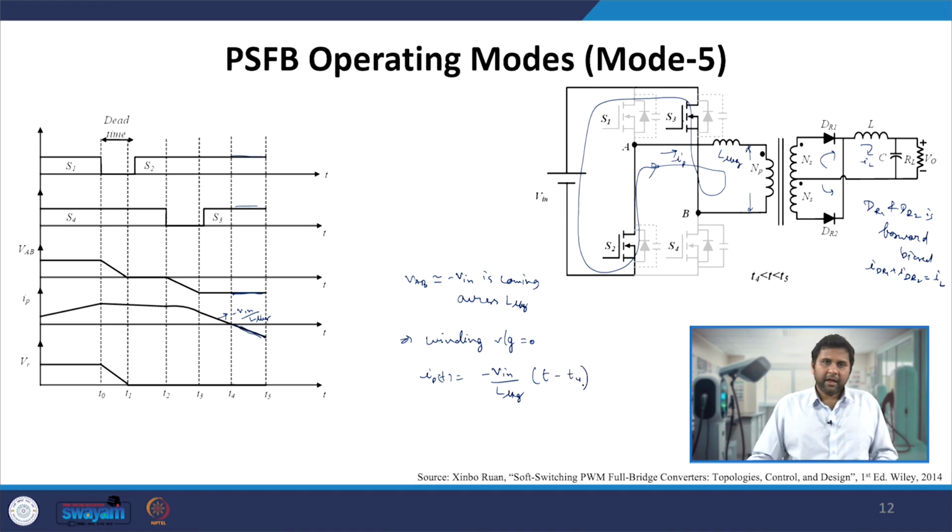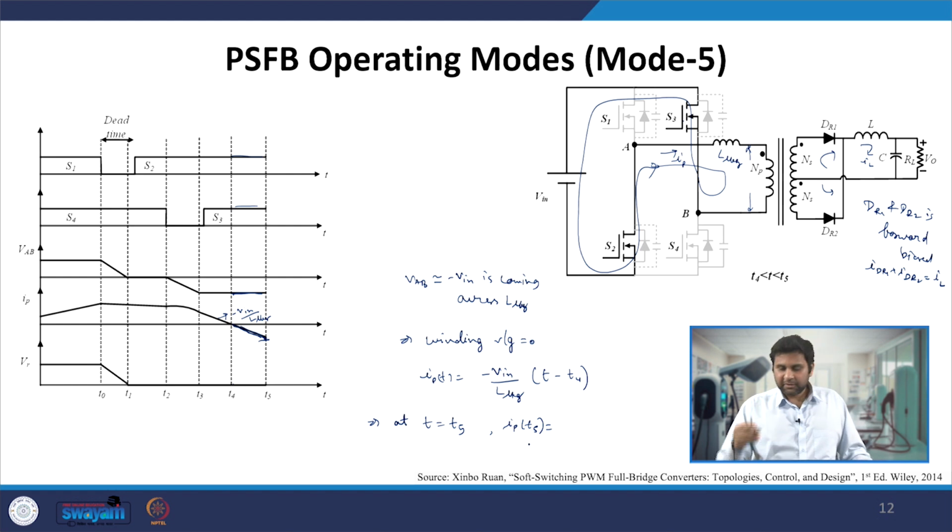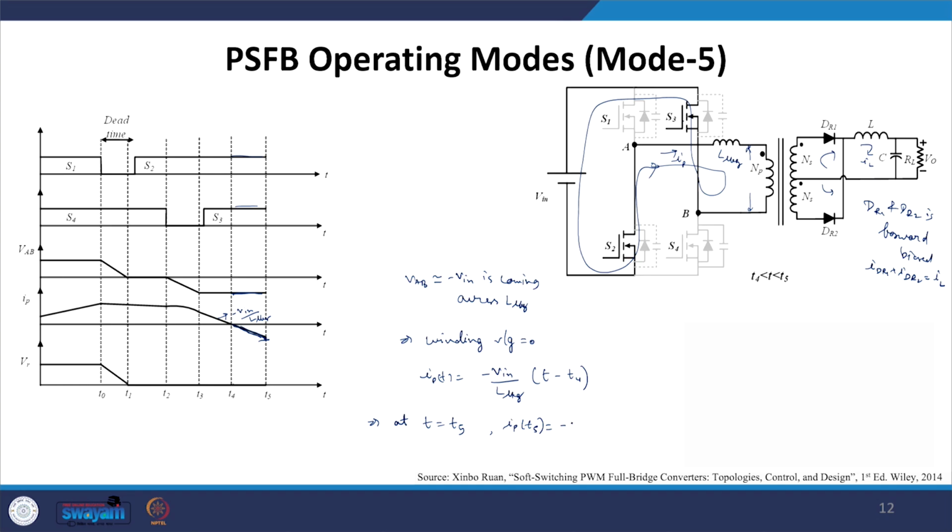At t equal to T5, IP of T5 is nothing but the reflected current from the inductor in the negative direction, so minus N IL, and here the IL is nearly constant, so we can write minus N I0.